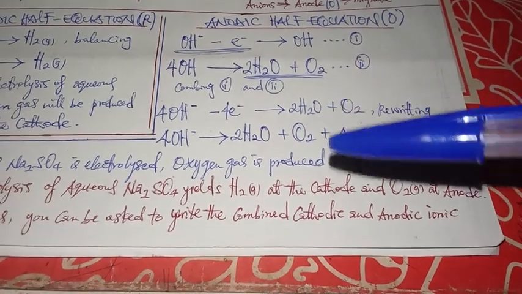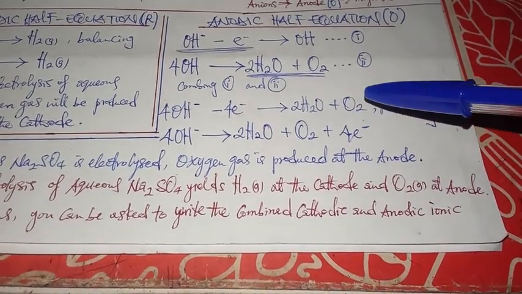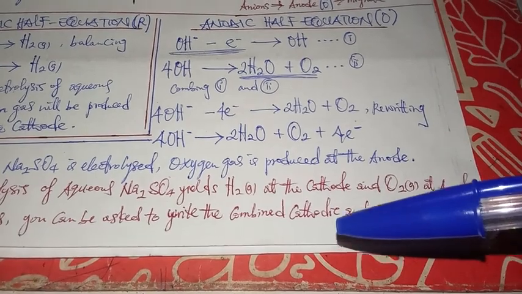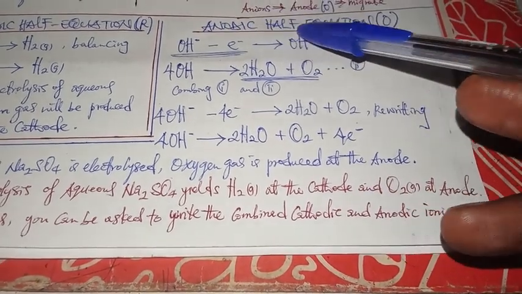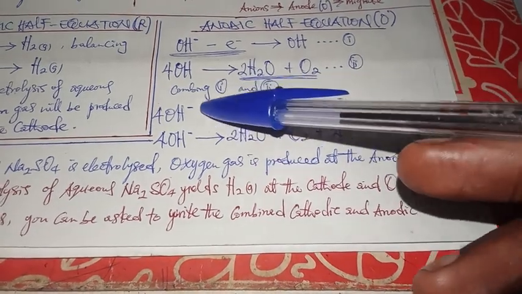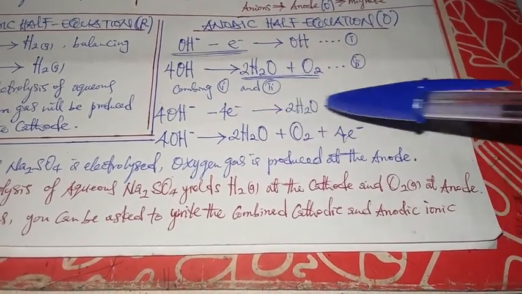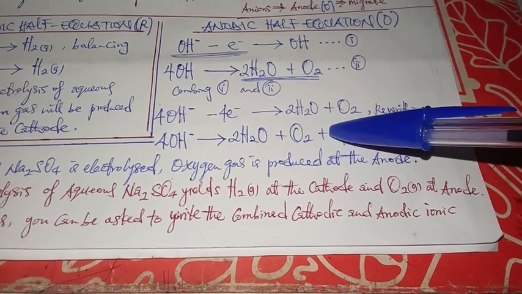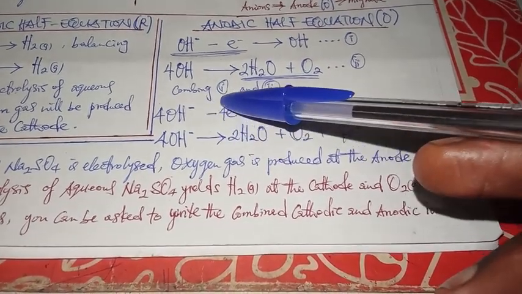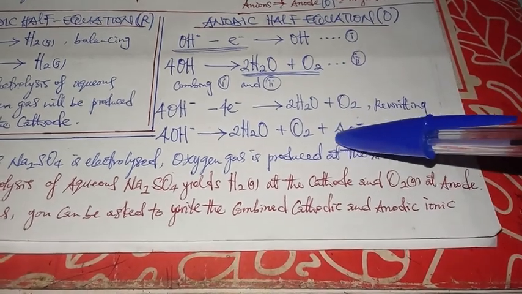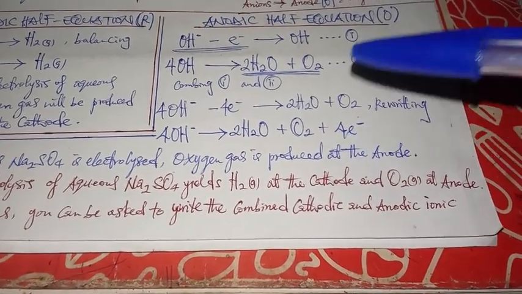As I said in the previous video, whenever you are writing equations with respect to anodic half equation, your equation should be in positive. So when we take this minus 4 electron across, it becomes plus 4 what? Electrons.